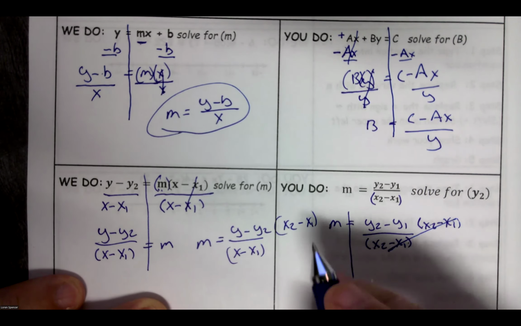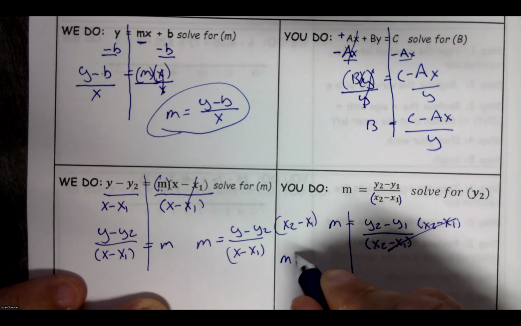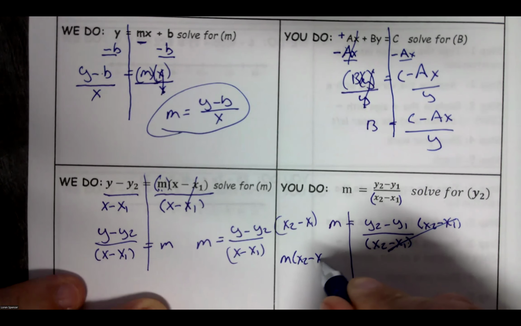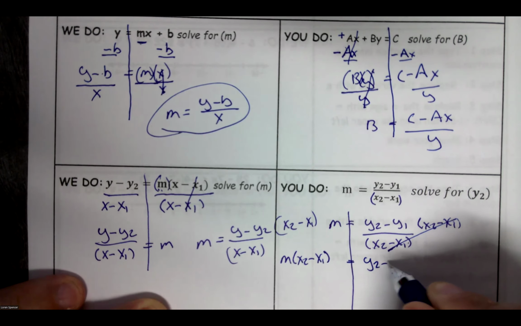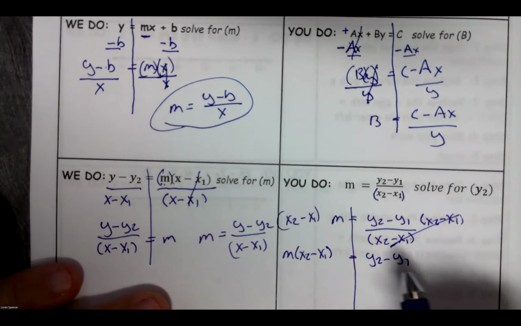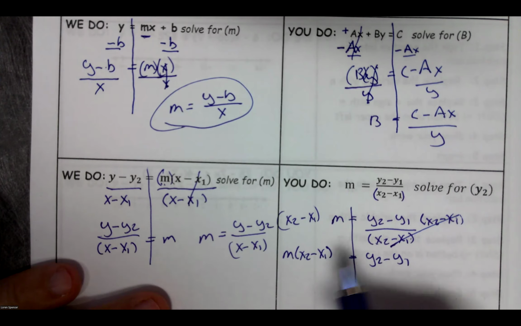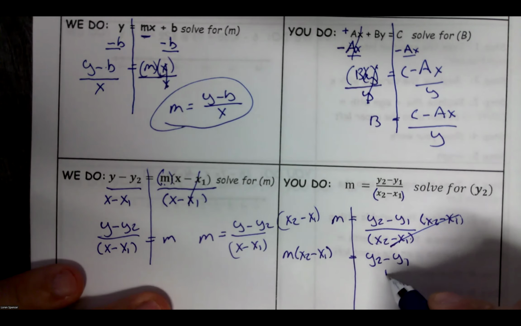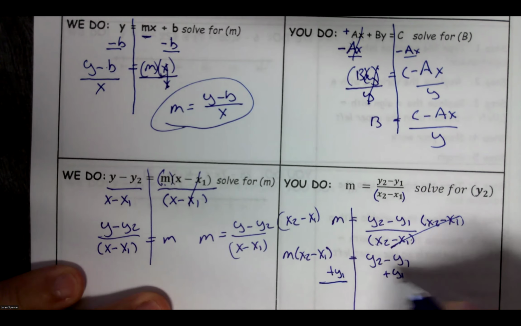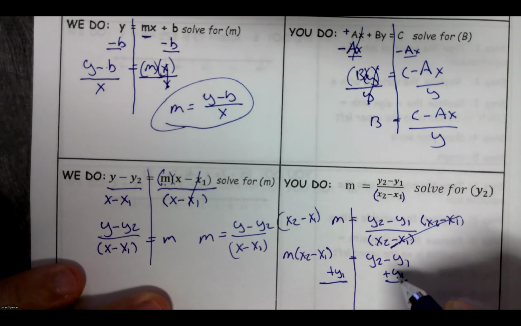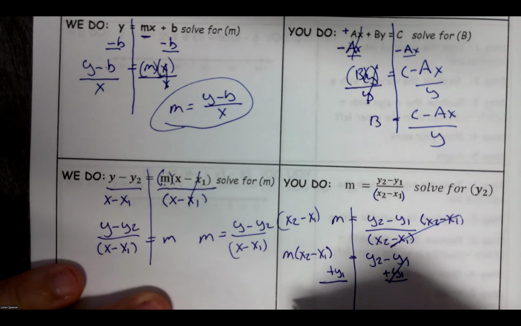So this goes away. Now I have m times parentheses x2 minus x1 equals y2 minus y1. I need to move the y1 to the other side. It's a negative, so I'm going to do the opposite, which is addition. So this goes away.